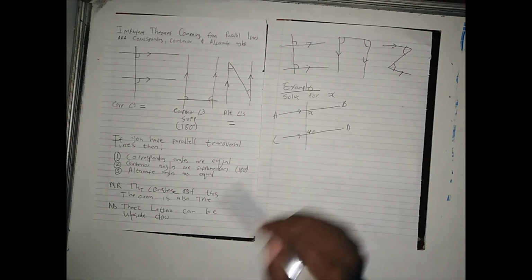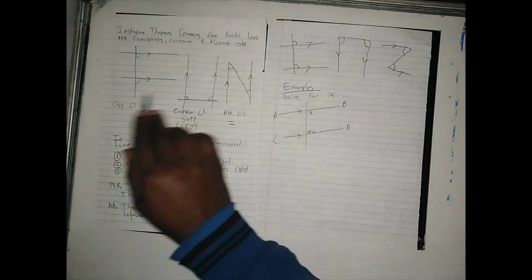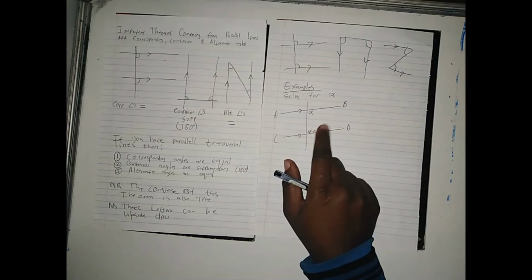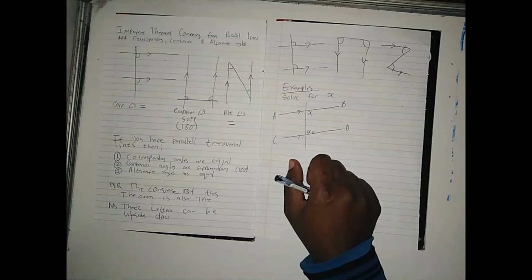I've got parallel lines, and when I see parallel lines, I know I will have either corresponding, co-interior, or alternate angles. So it's F, so I write my F somewhere, and then I take these two angles, the one that I've been given and the one that I'm looking for.